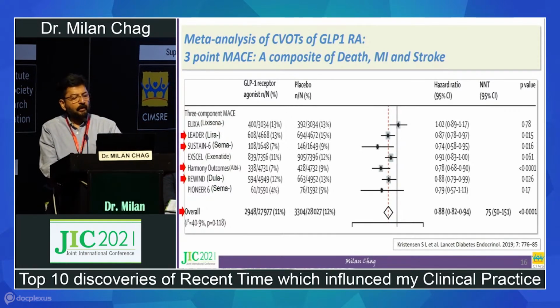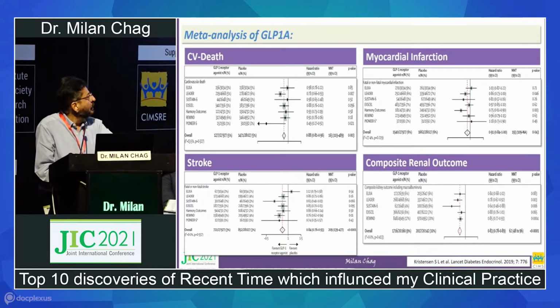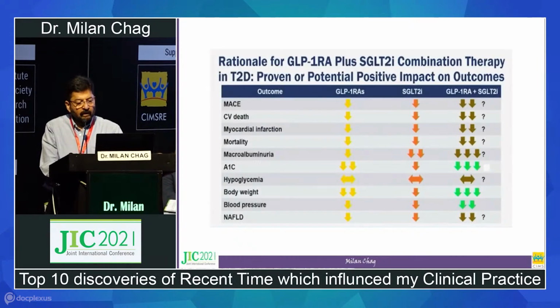The 3-point MACE of composite of cardiovascular death, non-fatal MI, and non-fatal stroke was significantly reduced with liraglutide, semaglutide, albiglutide, and dulaglutide. Not only 3-point MACE, there was also a reduced risk of cardiovascular death, MI, stroke, and renal function worsening with use of GLP-1 receptor agonists.